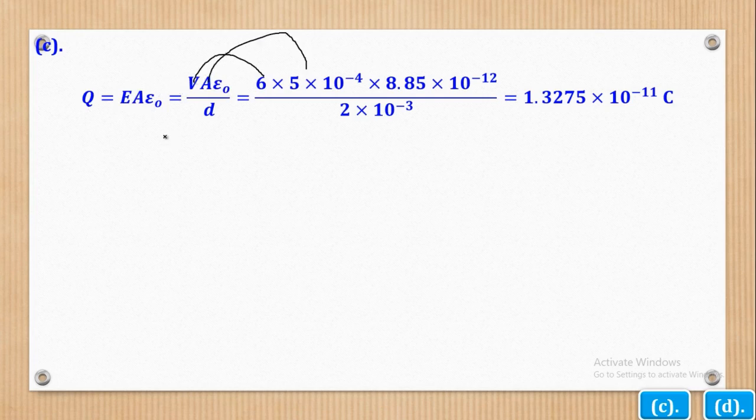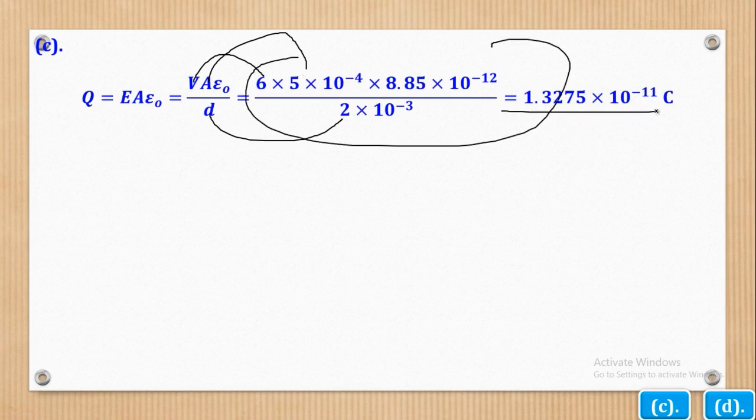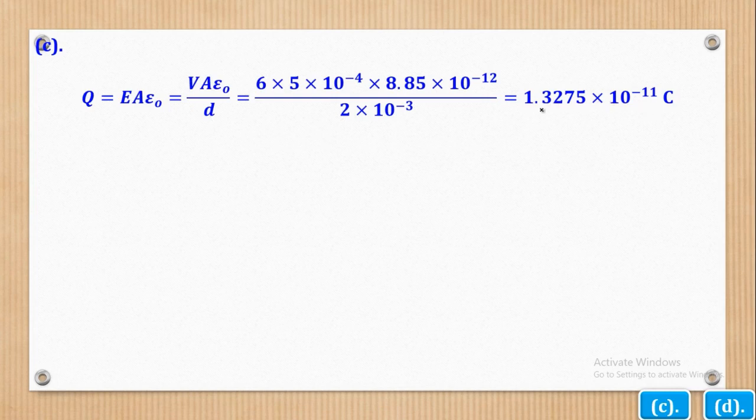You convert to meters squared, and the separation you also convert. So when I use the calculator here, I'll come up with this. It is advisable to use scientific form because there will be very many zeros.